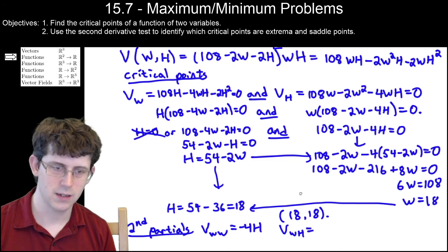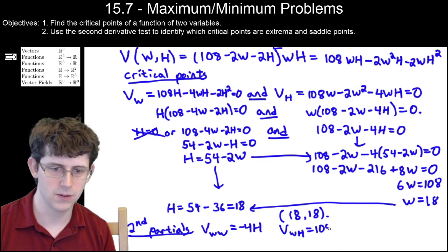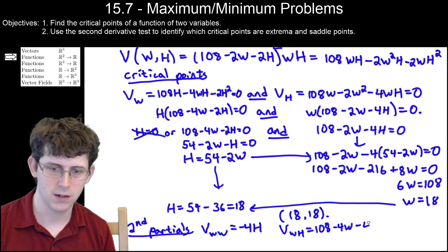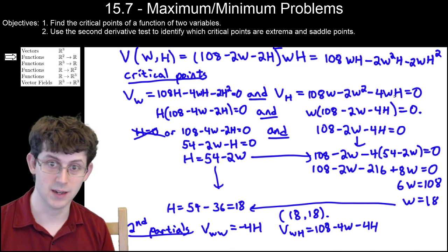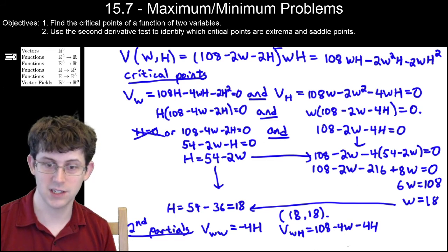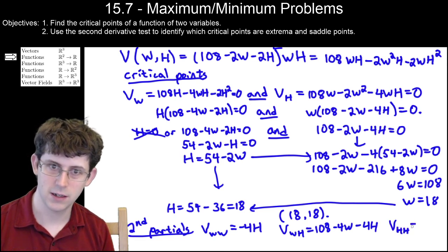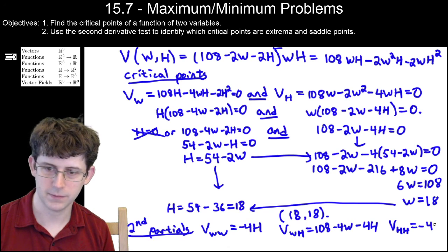Vwh is 108 minus 4w minus 4h. To check our work, we'll also find Vhw, which is the w partial derivative of Vh. So we get 108 minus 4w minus 4h, and it's the same, so we feel good about it. And then Vhh is minus 4w.